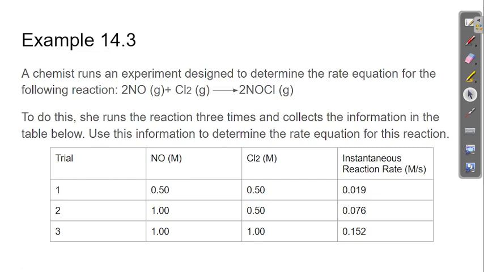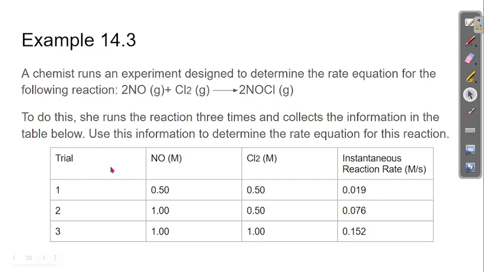A chemist runs an experiment designed to determine the rate equation for the following reaction, and it's given to you. To do this, she runs the reaction 3 times, so there are 3 trials, and collects the information in the table below. Use this information to determine the rate equation for this reaction.